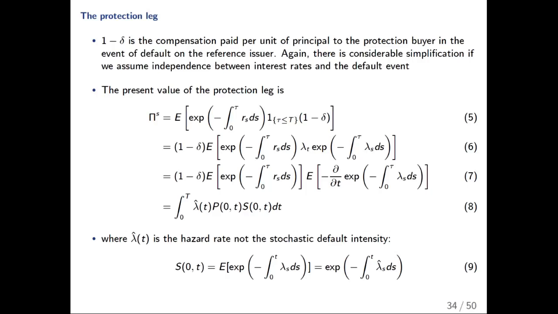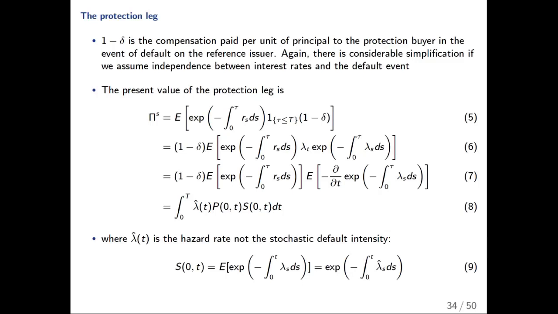All right, so the only trick here in going from 5 to 6 is the following. What is this lambda? Lambda t, let's call this lambda t.